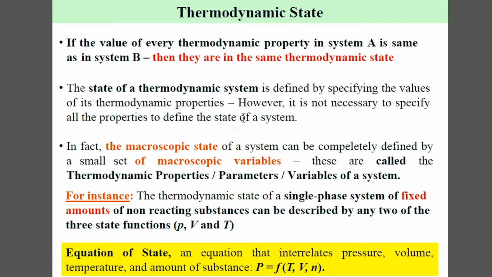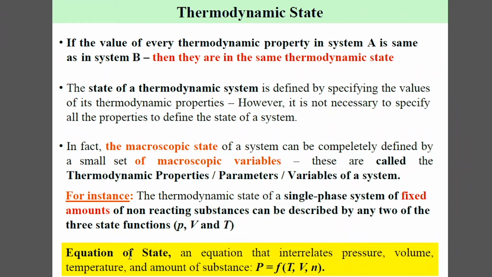For instance, the thermodynamic state of a single phase system of a fixed amount of non-reactant substance can be described by two or three thermodynamic parameters like pressure, volume, and temperature. So the equation of state: why is the equation of state important?